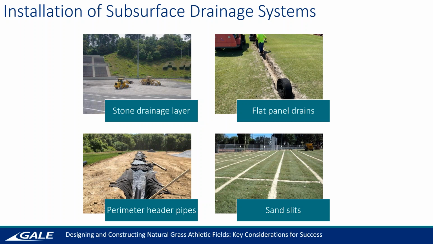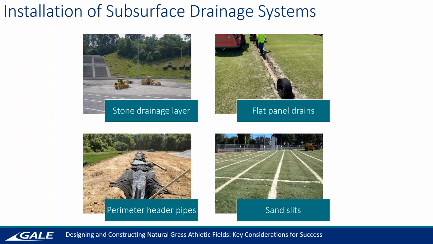The only rule of thumb here is that you want to keep the top of these pipes or flat panel drains at least 6 to 8 inches below the turf grass, because in the future, when you maintain these grasses, you may have to aerate them with deep tines, usually around 6 to 8 inches, so you don't want to impact the drainage you put in there.